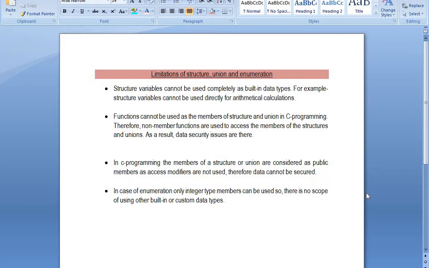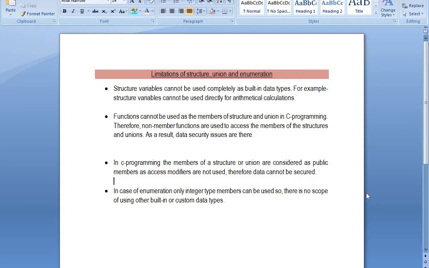The members of a structure or a union can be only variables. We cannot declare any function as a member of a structure or a union in C programming. So the members of a structure or union can be accessed by functions which are not members of the union and structure.